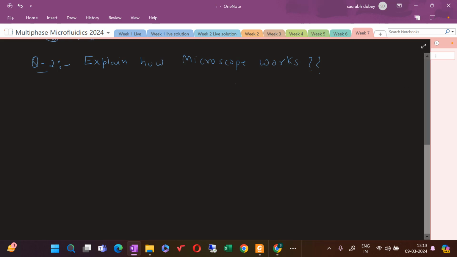So the first one is the microscope working, and then we will be going on to the other thing. So we will be going through this.